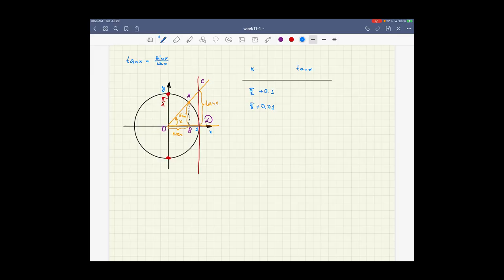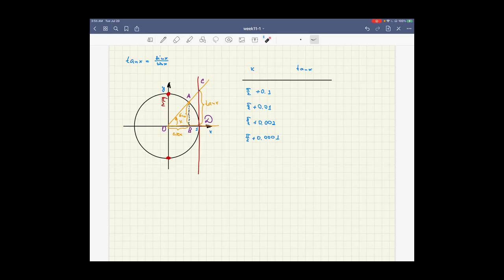Then take pi over 2 plus 0.001. You will see that the values of tangent will be negative because this is in the second quadrant, pi over 2 plus something. And they will be negative but huge by absolute value.